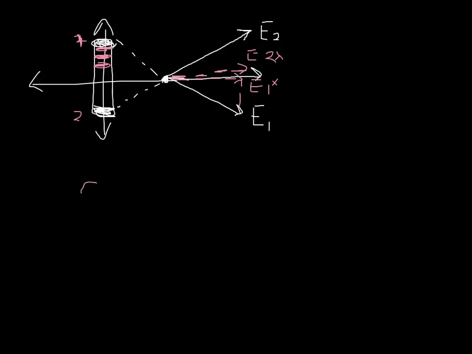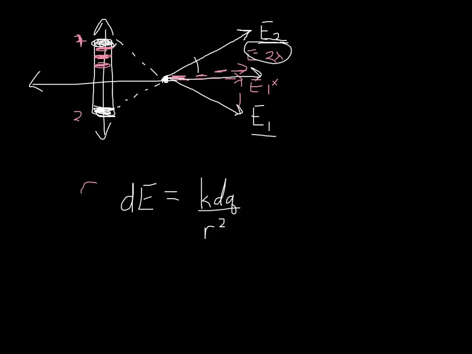First, we write our equation for our electric field. Our electric field, in terms of differentials, is dE is equal to k times dq over r squared. But I don't want the whole electric field. I don't want all of E2 and all of E1 because the y directions cancel. I want only the x pieces.